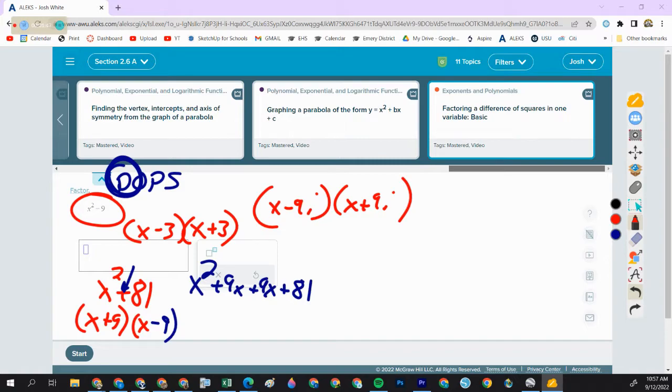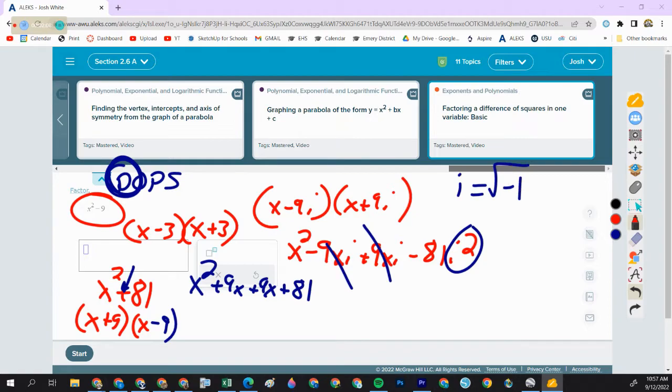And when you multiply that out, you get x squared minus 9xi plus 9xi minus 81i squared. And then the 9xi's cancel. What is i squared? Well, i is the square root of negative 1.